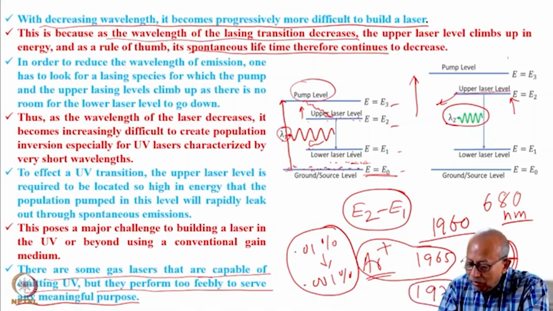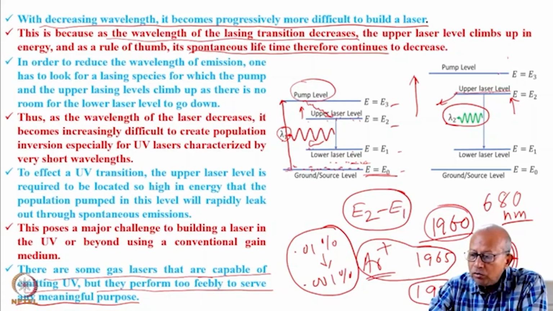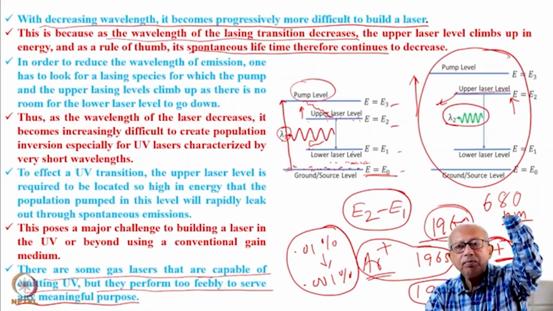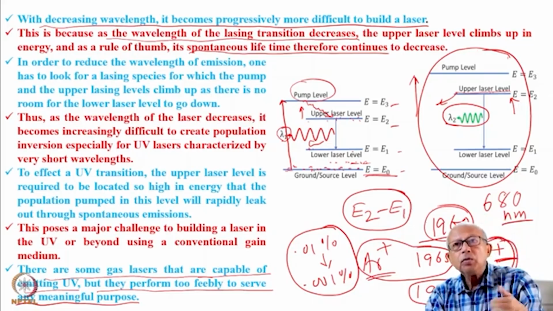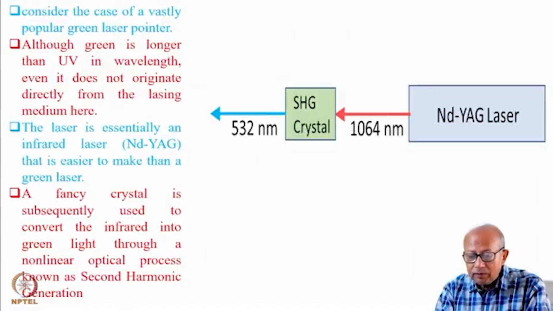You see, more than 10 years after the invention of the laser. So you can imagine how difficult it was to make an ultraviolet laser. The difficulty arose from this: as the energy level goes up in energy, its spontaneous lifetime reduces, so maintaining population inversion becomes increasingly difficult.